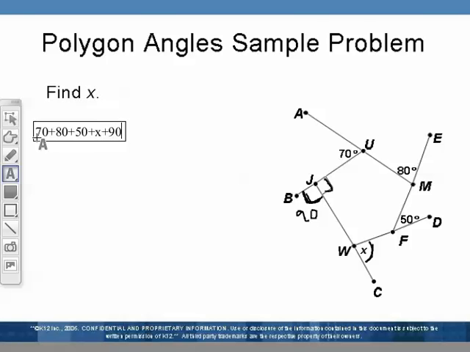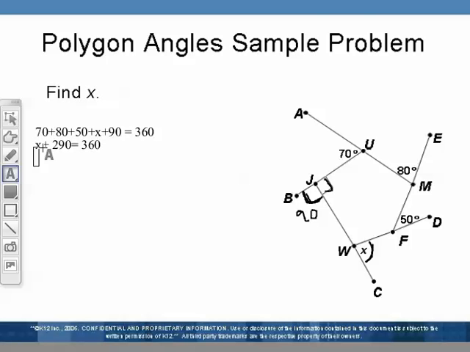Do you see how I just went around the object, adding up the angles? That's going to be equal to 360 degrees. Okay? Well, I got to whip out my handy dandy calculator here, and I'm going to do 70 plus 80 plus 50 plus 90, and you get 290. So just going from that, I get x plus 290 equals 360.